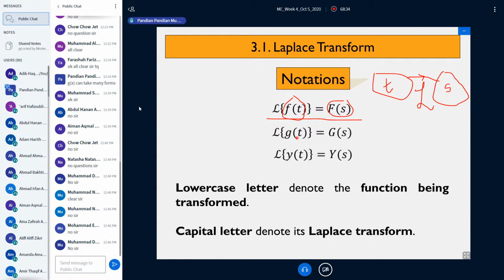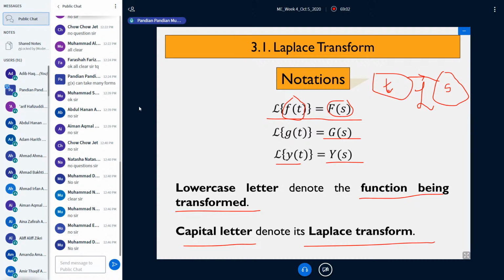For Laplace of small g(t), capital G(s). For Laplace of small y(t), capital Y(s). So the lowercase denotes the function being transformed, and the capital letter denotes the Laplace transform: capital F, G, and capital Y.